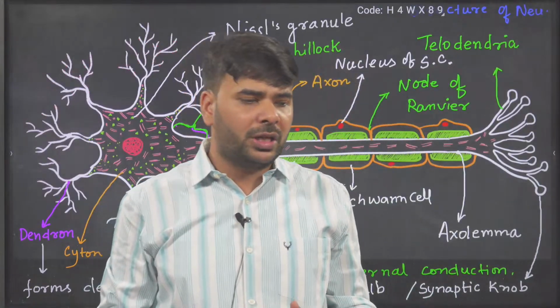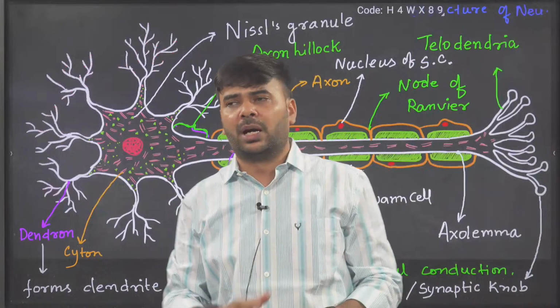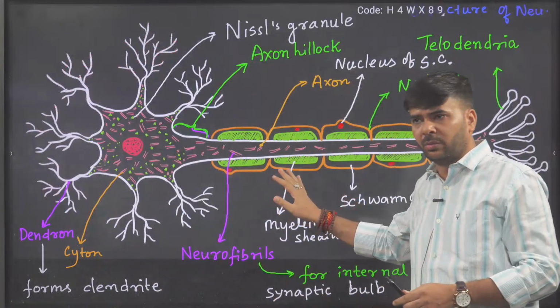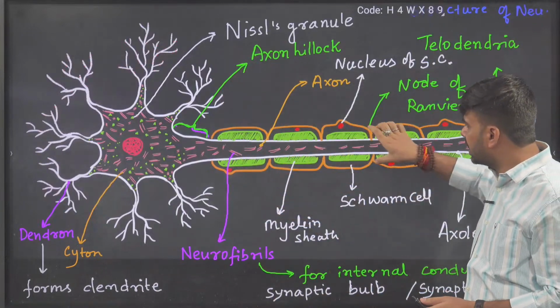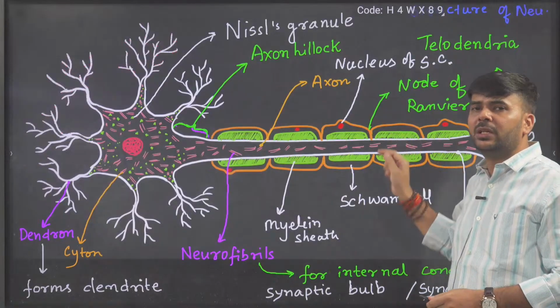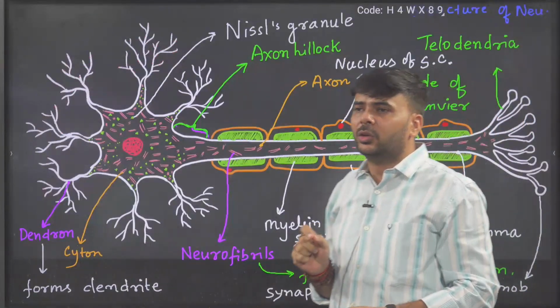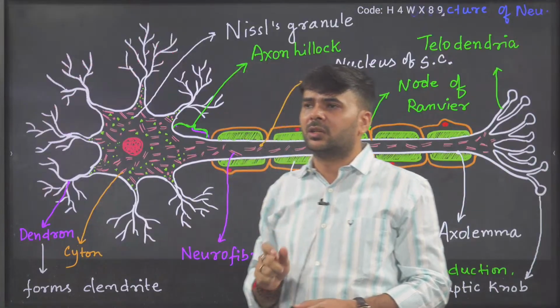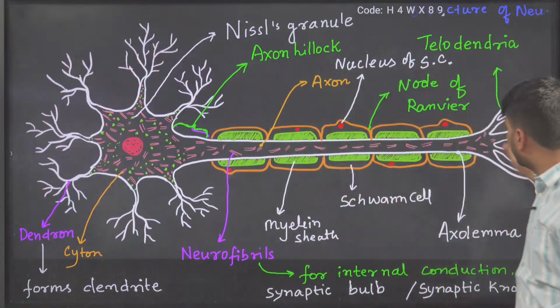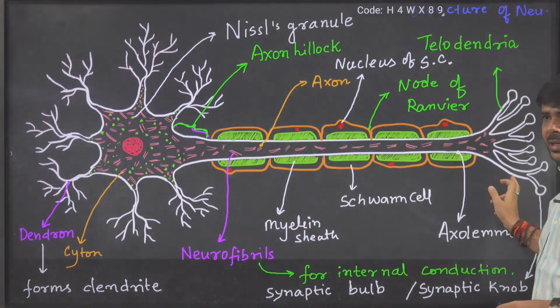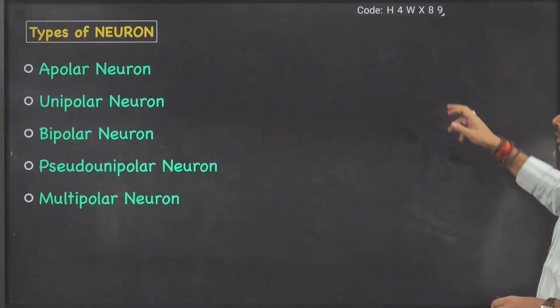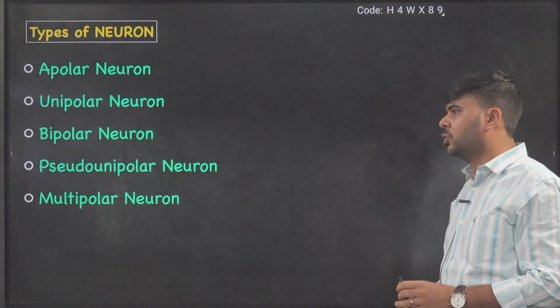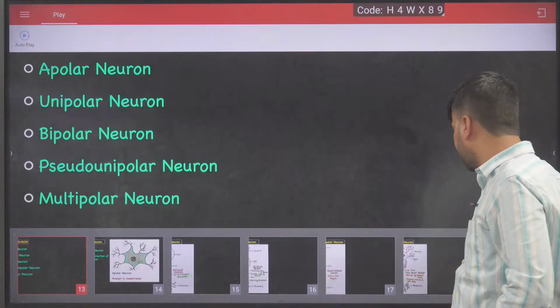When it is not insulated, it is called non-myelinated. Then here you can see these cells, green and yellow part. It is Schwann cell. Schwann cell we already discussed. Then you go to this part, telodendria. Then apolar, unipolar, bipolar, pseudo-unipolar and multipolar neurons we studied.